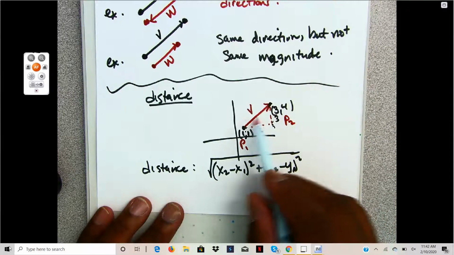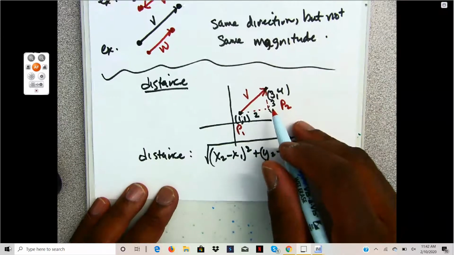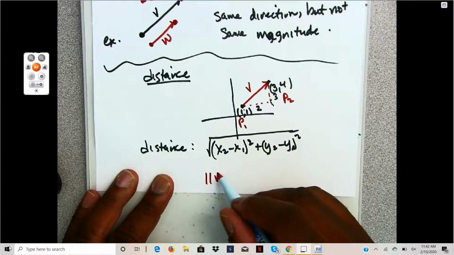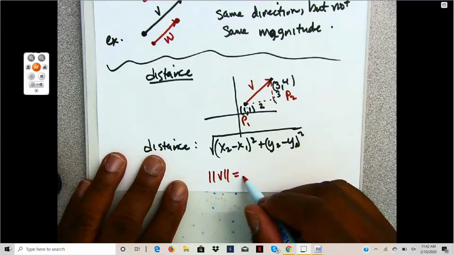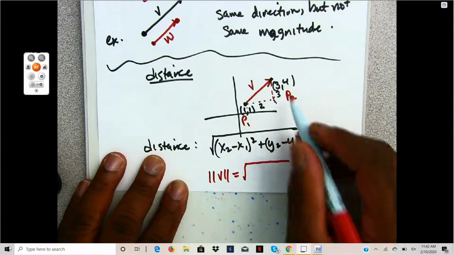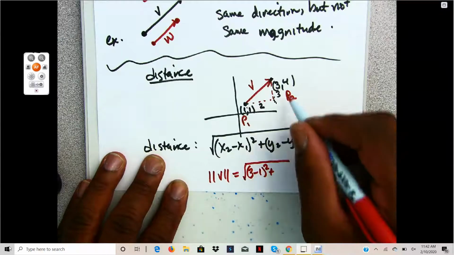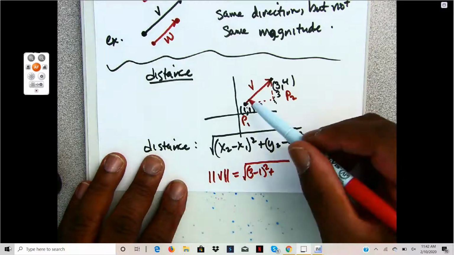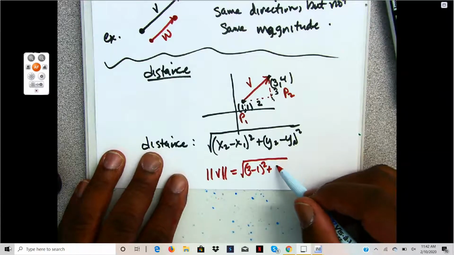So the magnitude of this vector, we use this symbol here, the double absolute value sign, and that's going to equal the square root of x2 minus x1, so 3 minus 1 squared plus, that's a what? V for vector, yeah, because it's vector v. And then y2 minus y1 squared, so 4 minus 1 squared.